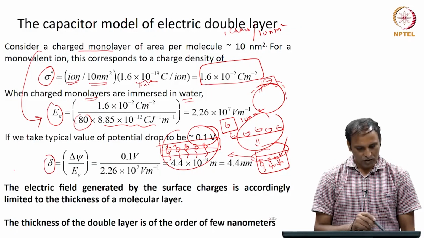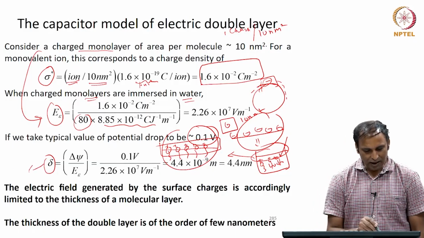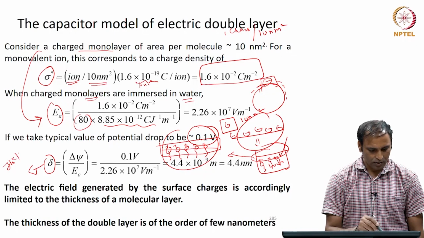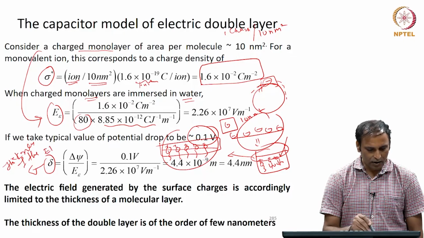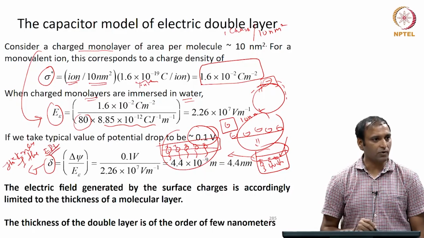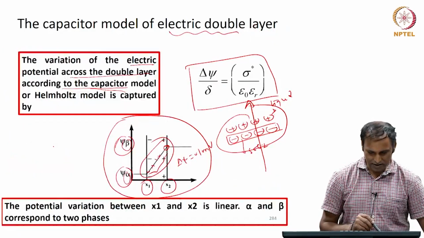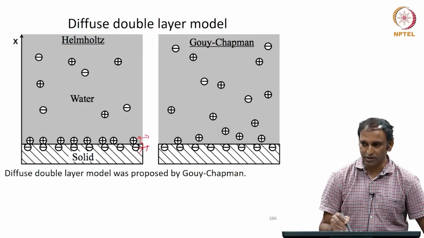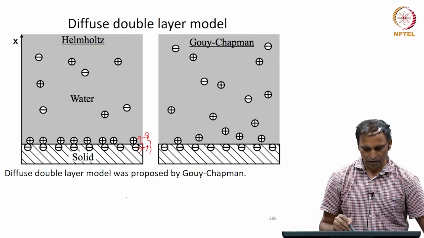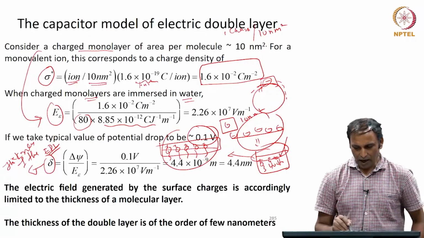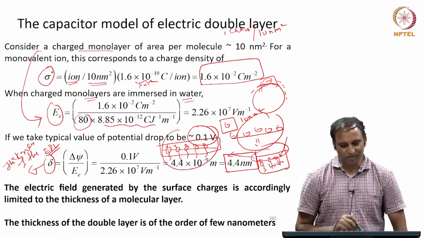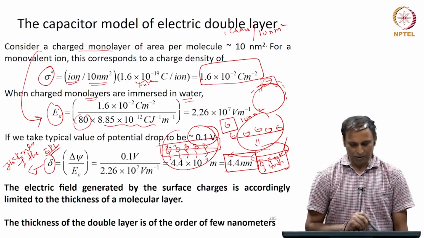It tells you something about the thickness of the electrical double layer. The double layer in this case corresponds to this and this. The thickness of the double layer is given by delta, and I can calculate that, and it turns out to be something like 4.4 nanometer.